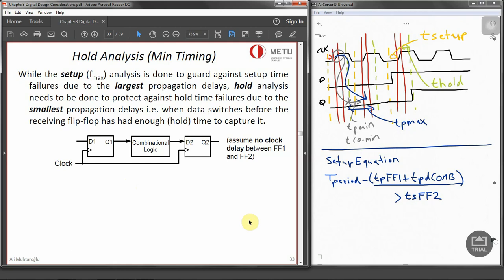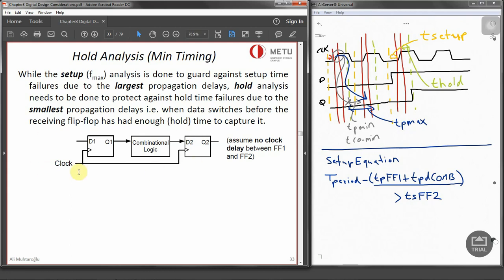For the hold time failure, if the input of the flip-flop doesn't stabilize in time after the rising edge of the clock, then we have got a hold time violation. So for the setup time, it has to be before the rising edge. For the hold time, it has to be after the rising edge of the clock.